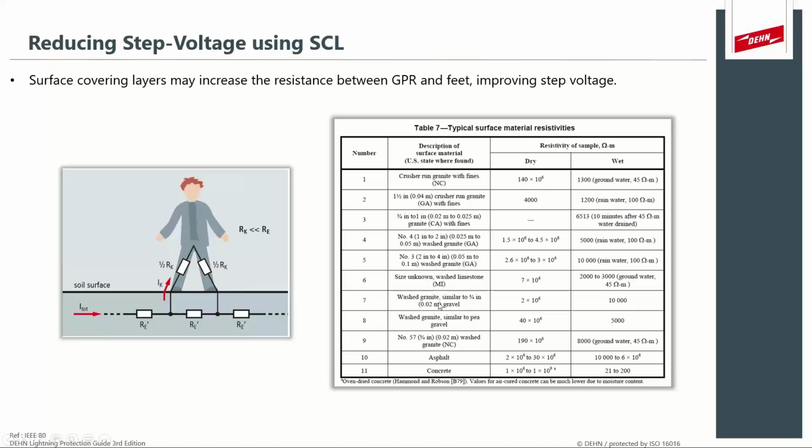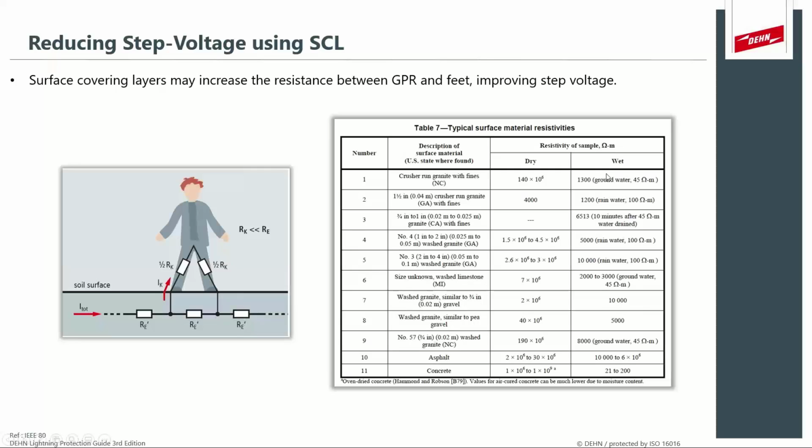One of the most common ones that we typically use is washed granite, similar to 3/4 inch gravel, and that has a soil resistivity of 2 megaohm meter when it's dry and 10 kilohm meter when it's wet.